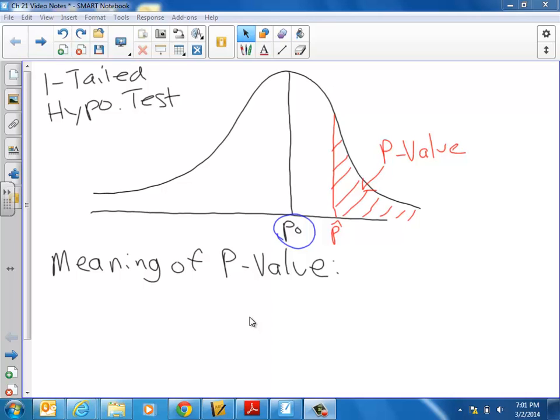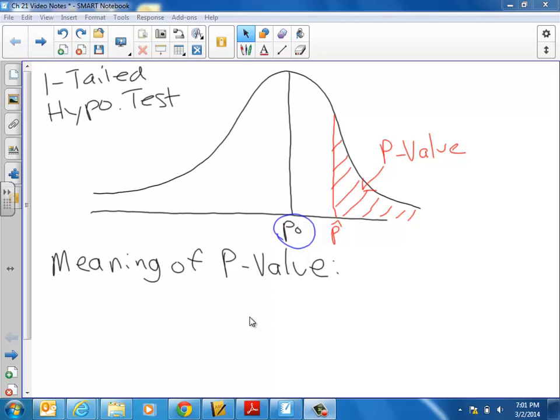Remember, too, that the bell curve represents how, assuming the null hypothesis population proportion to be correct, which is what the bell curve is centered on, sample proportions of the same size are going to behave. So sample proportions of size 100.